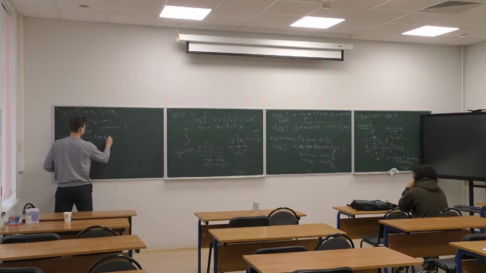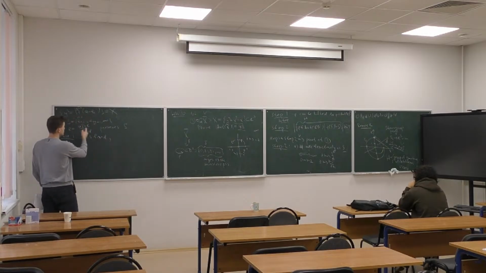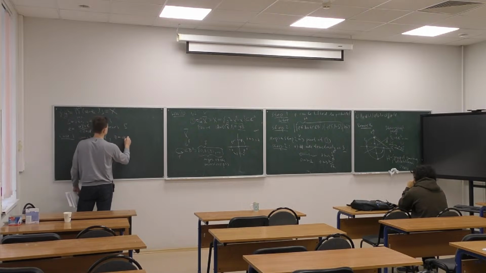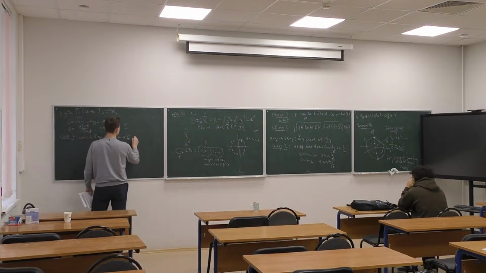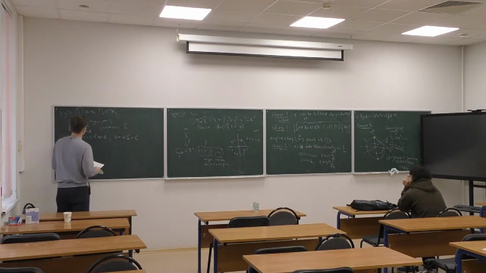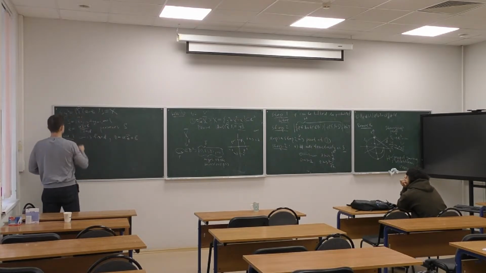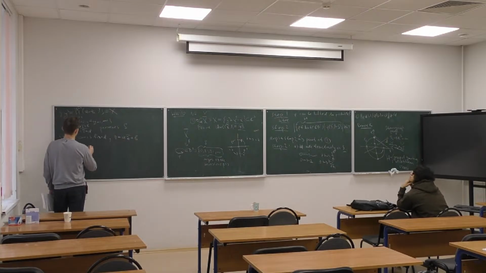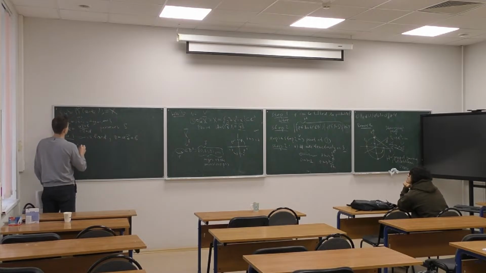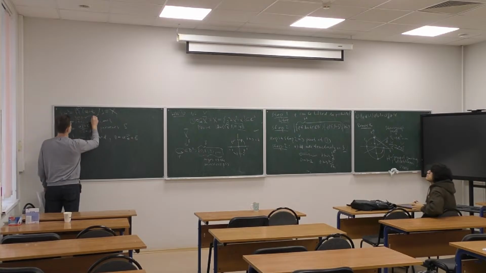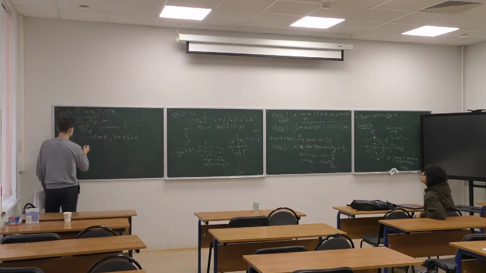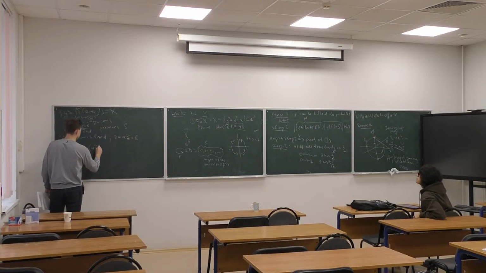If infinity is fixed, then you have just a linear transformation, a z tilde plus b. Then you just substitute here. If you denote this as p of z, you get p of (a z tilde plus b).